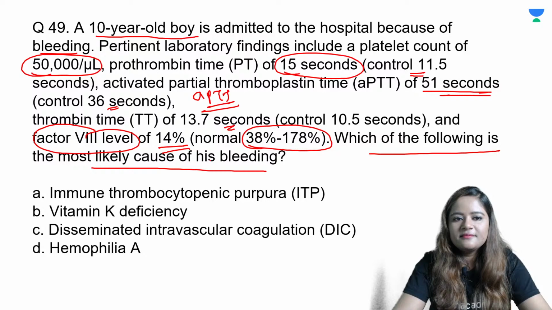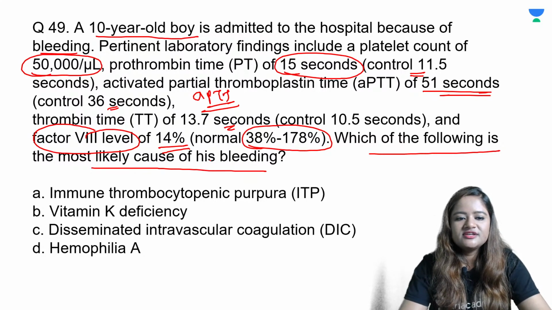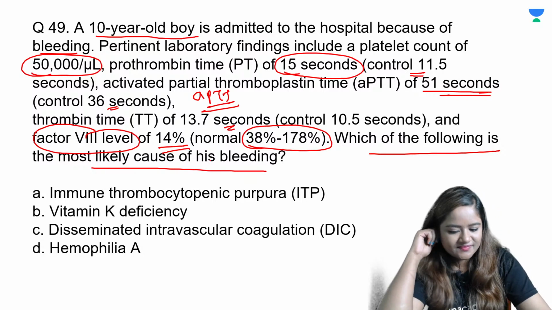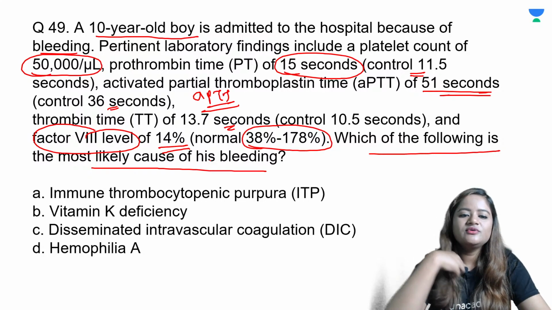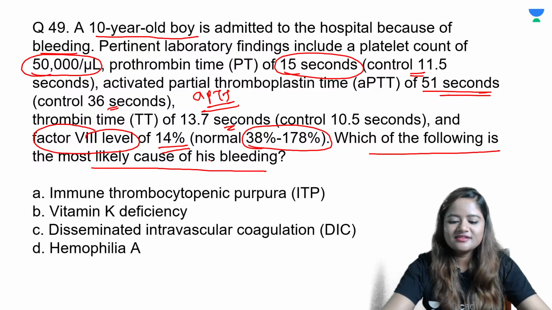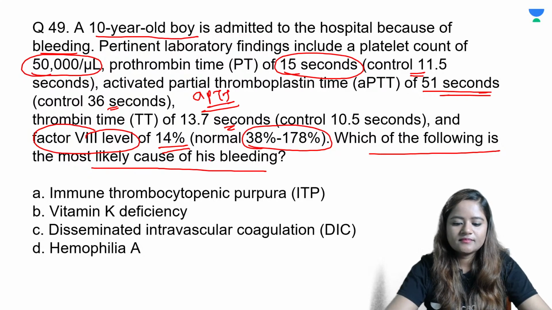His platelets are also low, prothrombin is also deranged, APTT is also deranged, thrombin time is also deranged, factor 8 level is also less. So with all this, it fits into which clinical condition? So don't rely only on factor number 8. Please see the other parameters as well.